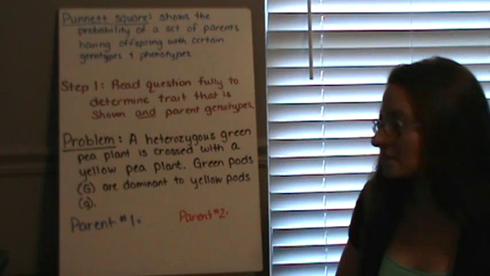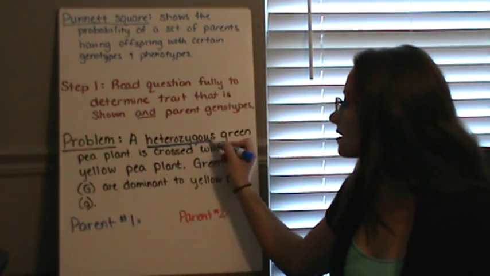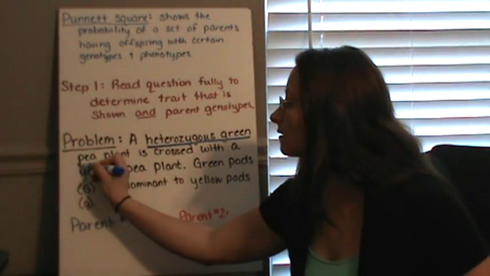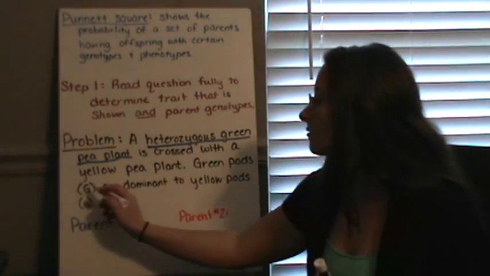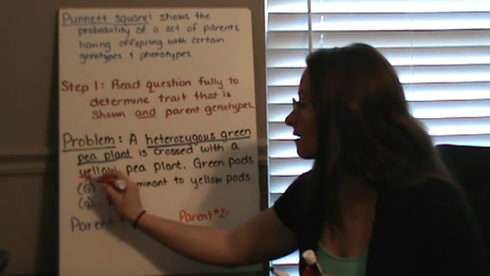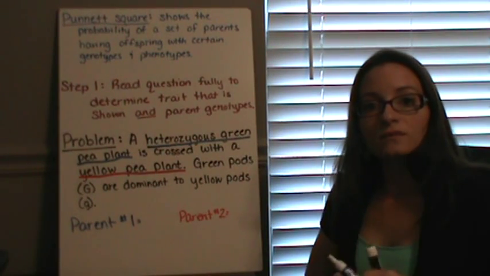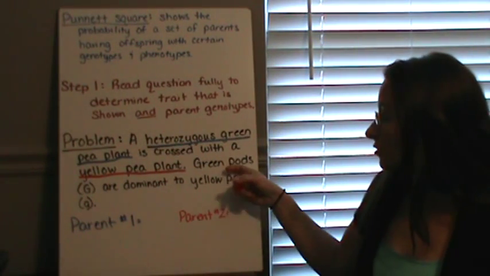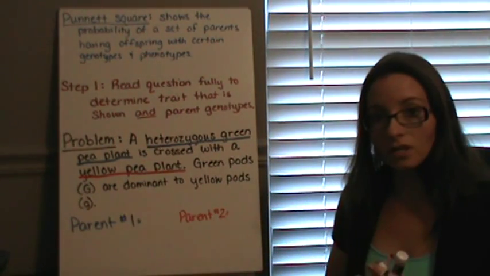So we have two parents here. We're crossing a heterozygous green pea plant with a yellow pea plant. The problem tells us that green pods are dominant to yellow pods, big G and little g is what we're going to use.